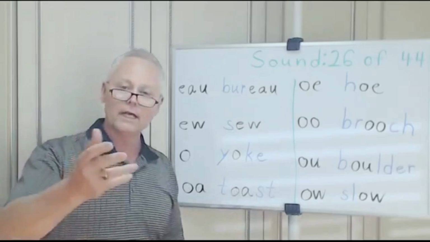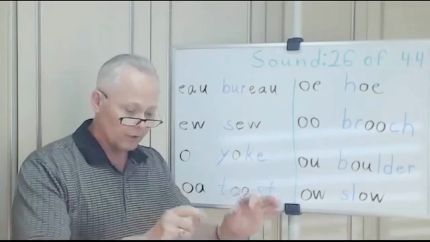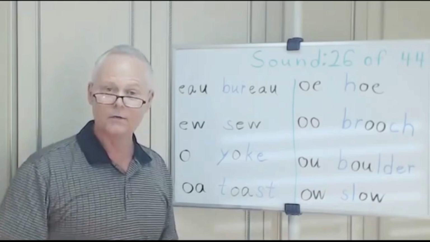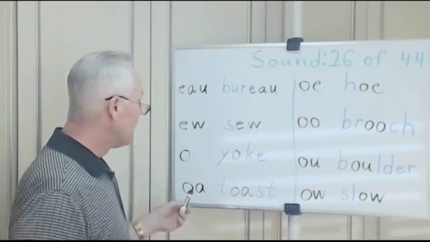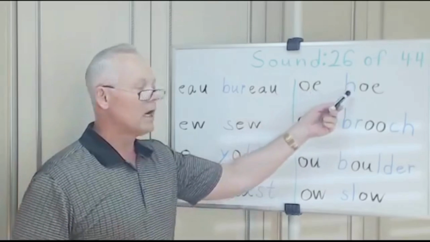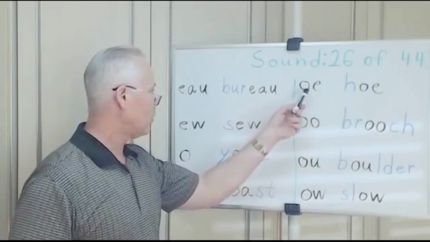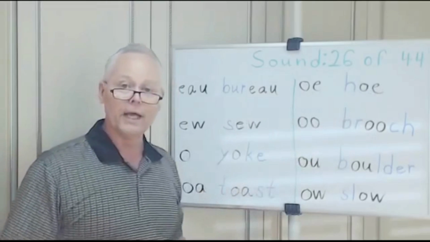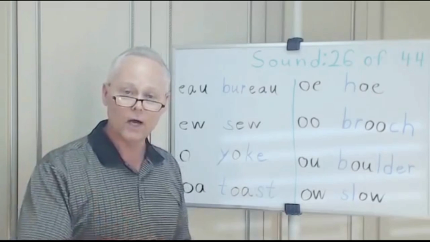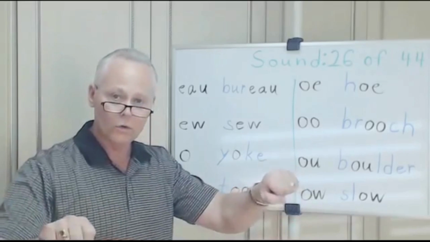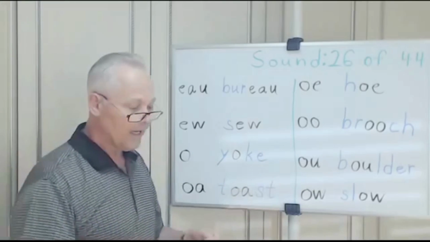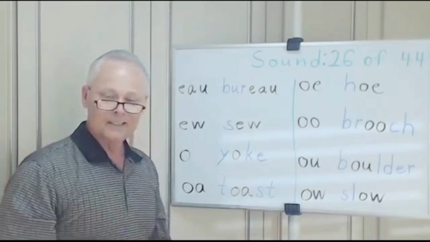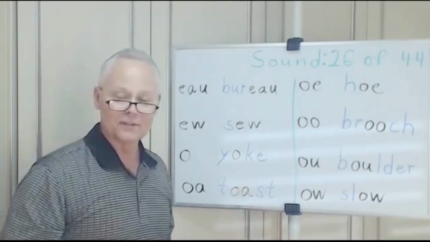Do you like to take bread, put it in your toaster in the morning, have a little toast for breakfast? How about a hoe? O-E, hoe. You may have a garden and you go out, you take your hoe, which is a hand tool, and you hoe between the rows so that your vegetables grow. A hoe.